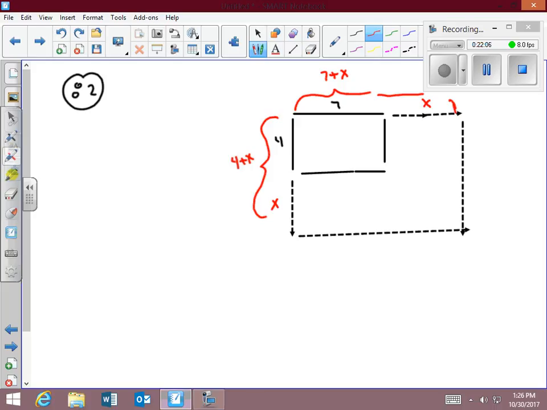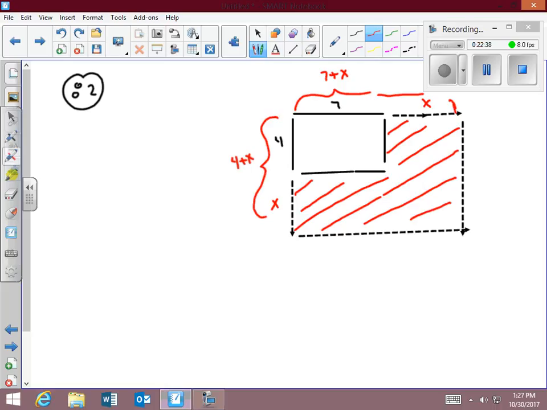Now, notice the thing in that second sentence. It says the area of the rectangle is increased by 42 centimeters. So increased by, it's saying that this area right here is 42 centimeters, right?